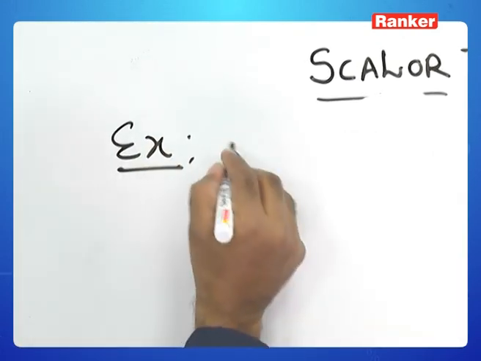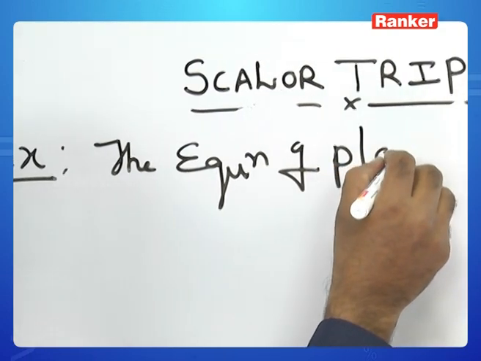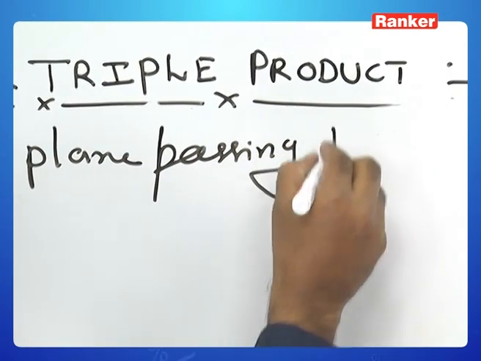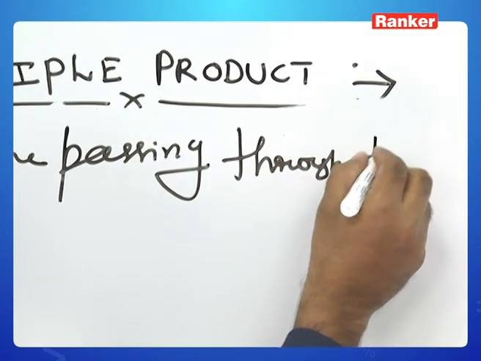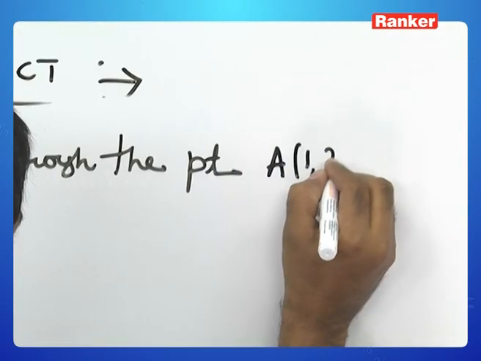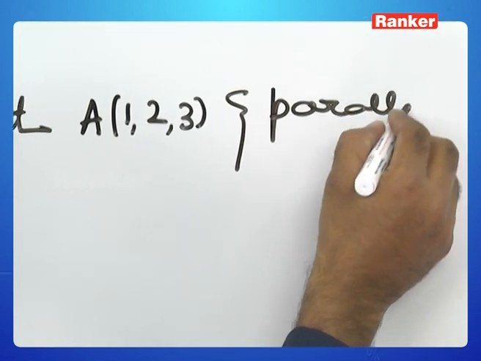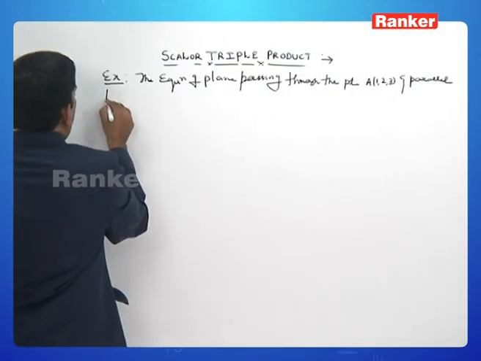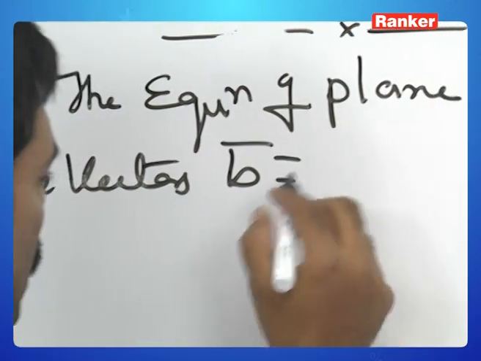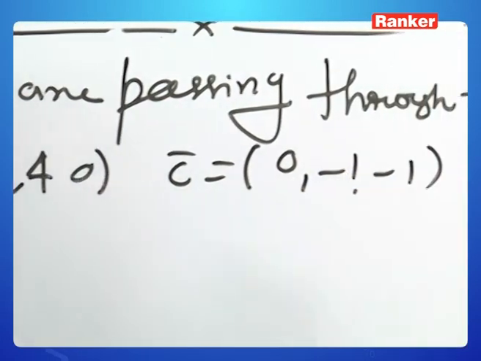Example: the equation of a plane passing through the point A of 1, 2, 3 and parallel to the vectors B bar is equal to 3, 4, 0, C bar is equal to 0, minus 1, minus 1.